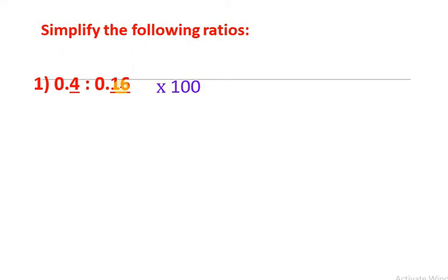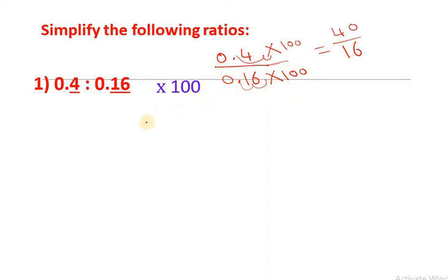As we know from last year, if I want to get rid of this decimal, what should I do? I will multiply by 100 and multiply by 100. So the number here will go to 40. Here will go 2 places to the right, and here will go 2 places to the right, so it will be 16. So the ratio will be 40 to 16.